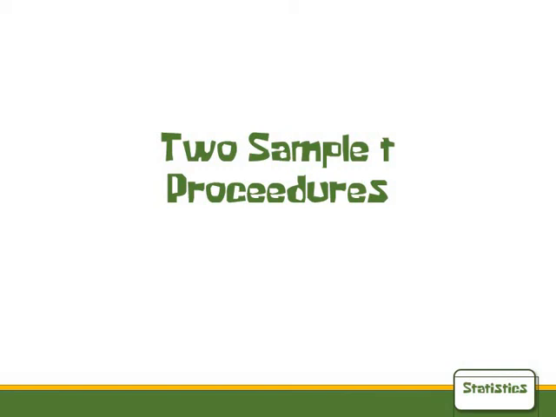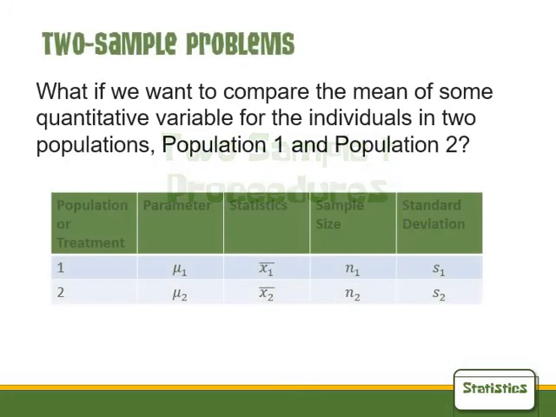In this section, we're going to look at the two-sample t procedures. We have a two-sample t hypothesis test and a two-sample t interval when we're comparing the mean between two populations. We would use these procedures when we have two separate populations, and we take samples from each and want to compare the unknown population means using the sample means.